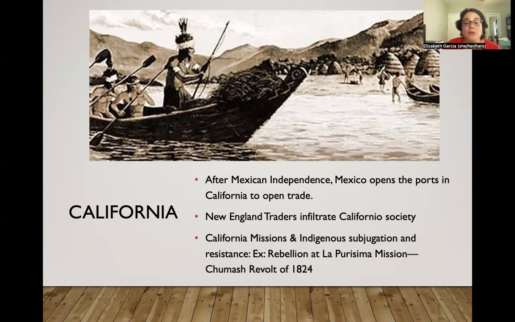Yet at the same time, we see the indigenous populations resisting this philosophy, ideology, and encroachment onto their lands. The most prominent one was the rebellion at La Purísima mission, where 2,000 indigenous people took over the mission. This was the Chumash Revolt of 1824.